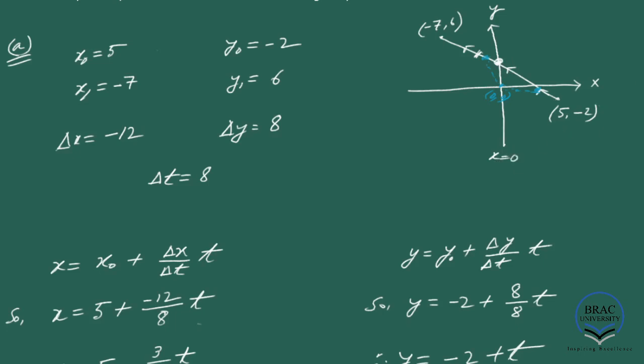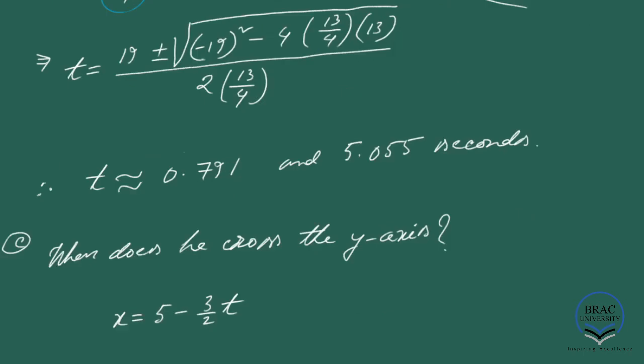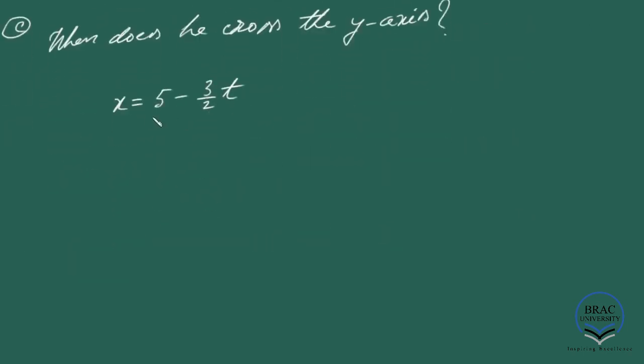So I can write that this is equal to 0. The value of x is equal to 0 at this point, and this is where he is basically crossing the y-axis. We solve it for t, and then we get 10 over 3.